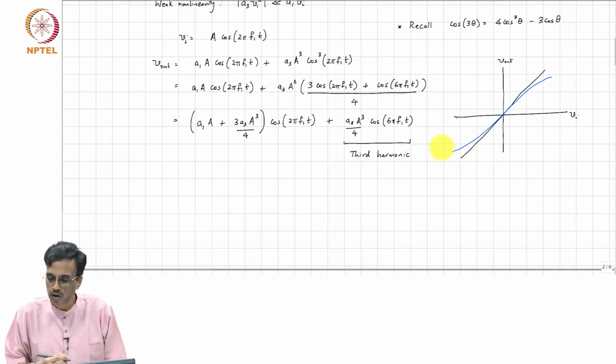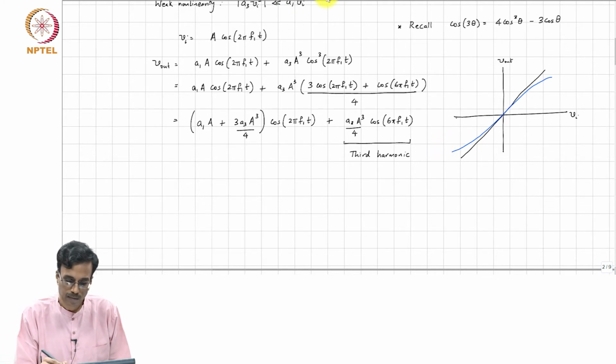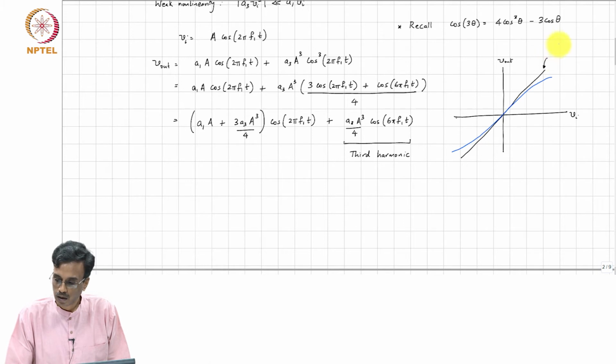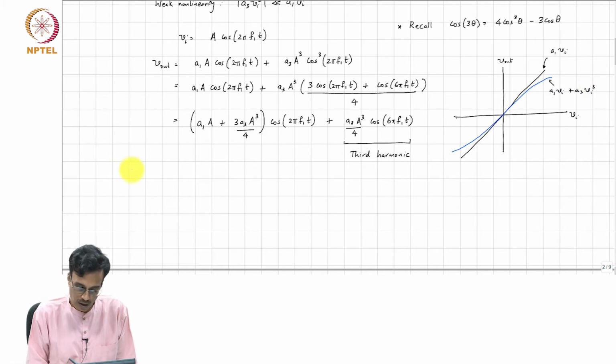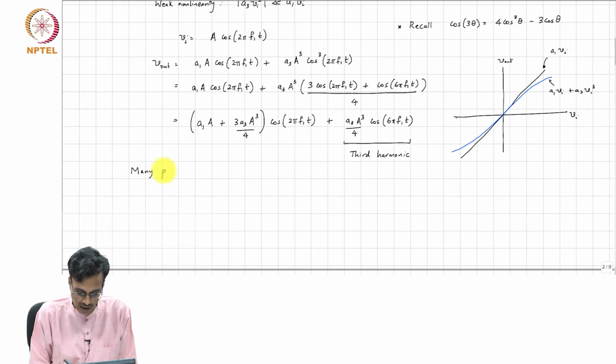So, this is basically A 1 V I, and this is A 1 V I plus A 3 V I cube. So, what comment can you make about the sign of A 3 versus sign of A 1?